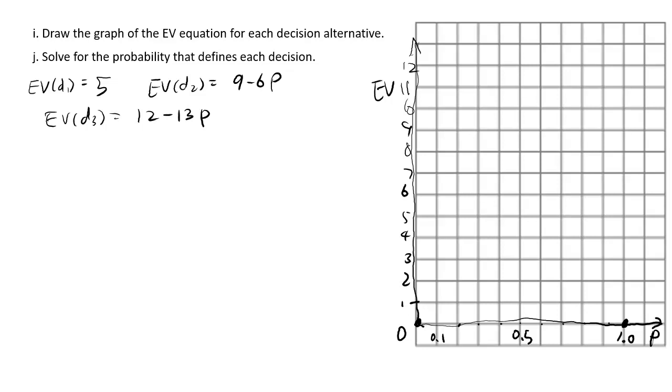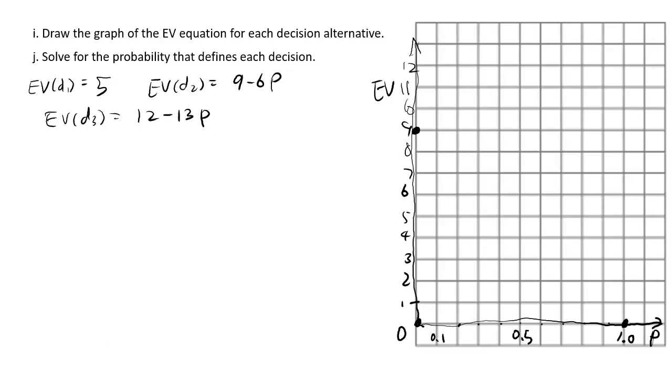To demonstrate this, let's start with EV D2. That's the simplest thing to draw, I think. If you plug in 0, what do you get? 9 minus 6 times 0, that's 9. So when P is 0, EV D2 gives you 9. Here's the value of EV D2.